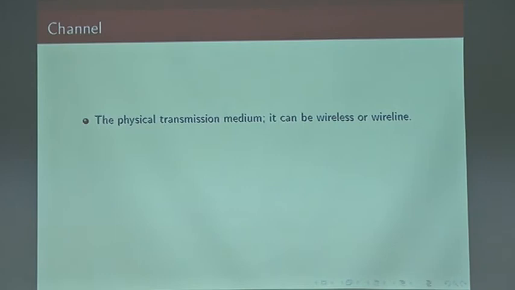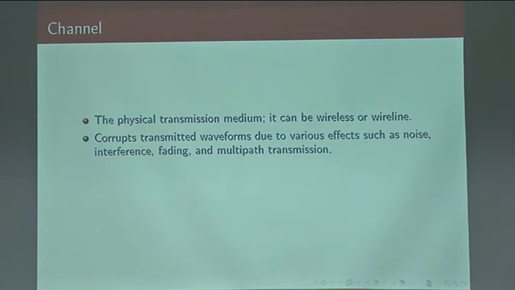The physical transmission medium may be wireless, in which case we get into problems. I mentioned fading typically occurs in wireless transmission. Or it may be wireline, where you typically don't get into issues with fading, but you have other kinds of noise or impairments of the transmitted signal. The multipath would be in a wireless system, because the transmitted signal can be reflected off several different layers of the atmosphere, buildings, or whatever before it gets to the receiver, so you can have multiple versions of the transmitted signal arriving at the receiver.